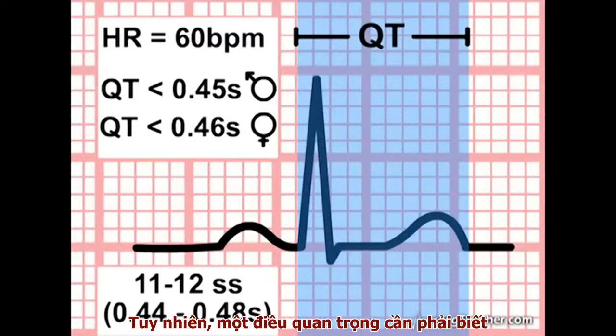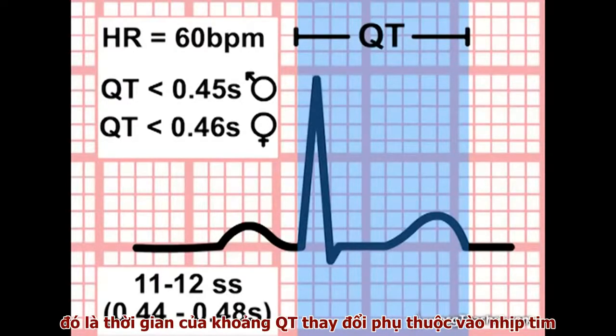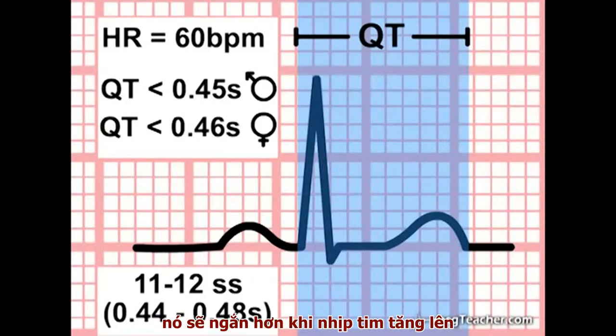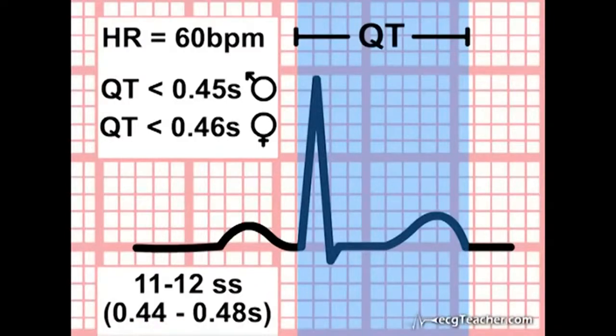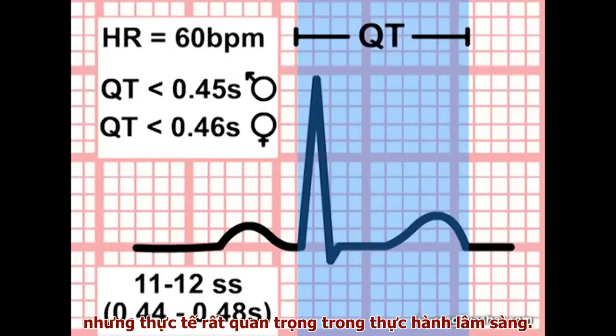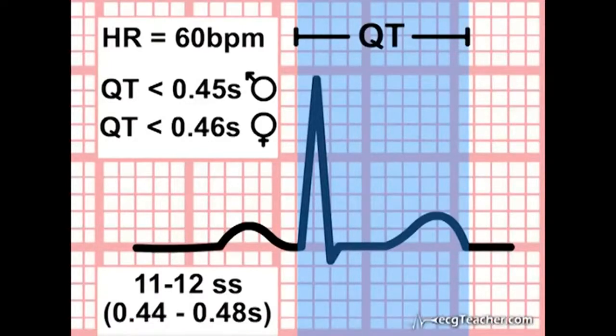It is important to realize, however, that the measured QT interval varies with heart rate, becoming shorter as the heart speeds up or longer when the heart slows down. Therefore, particularly at higher heart rates, it is possible to miss an underlying prolonged QT interval. The discussion which follows may seem academic, but it is important clinically.